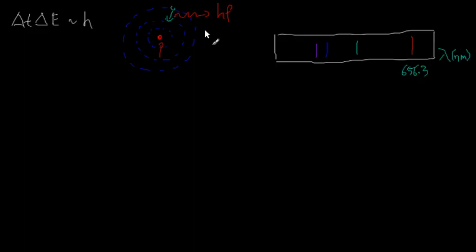Okay, now let's see how this is related to the uncertainty relation. So let me come back to this line. For this example, I'm just going to look at this line. As I have often said before, this line is a line because it comes from light with a definite frequency.